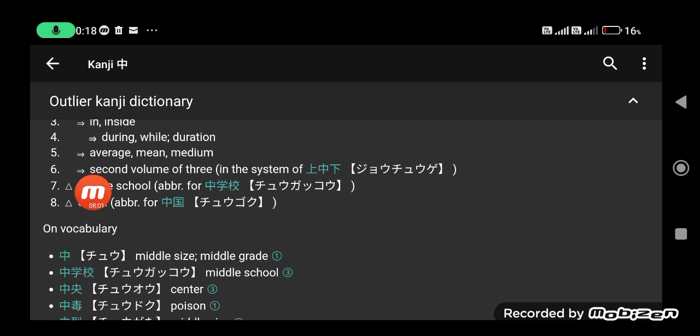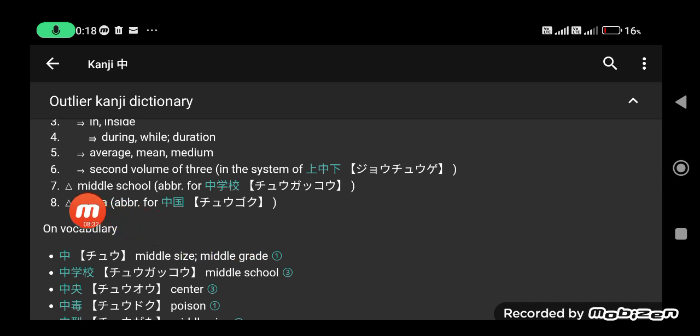And another secondary meaning: the second of 3 in the system of jo chu ge. Usually these are grades or ranking. Jo meaning upper, chu middle, ge, which is also an onyomi for the shita kanji, bottom or lower.